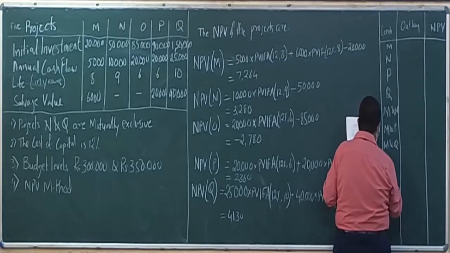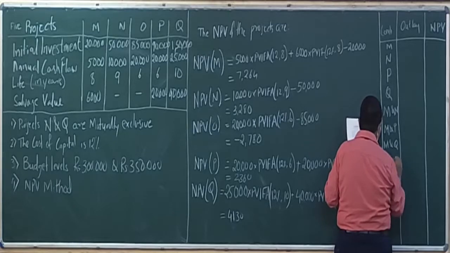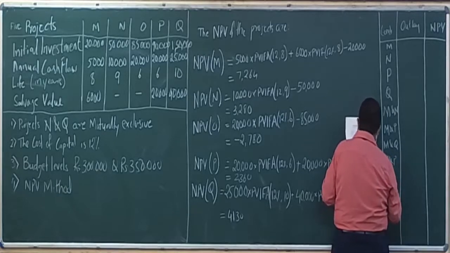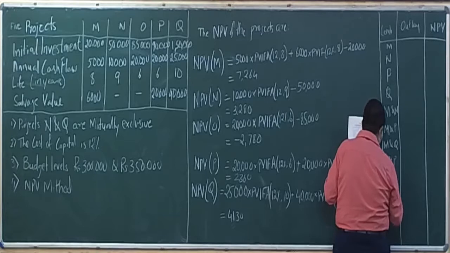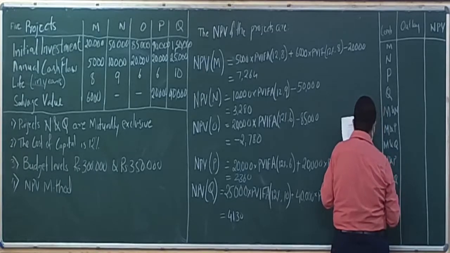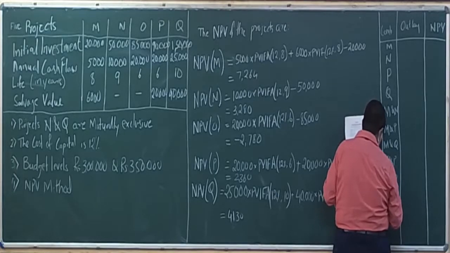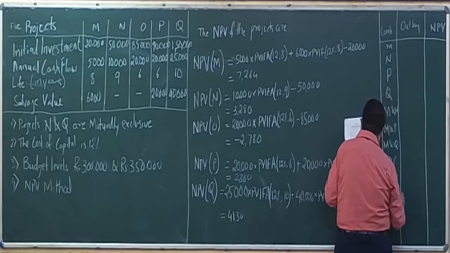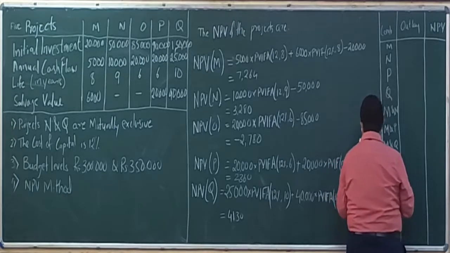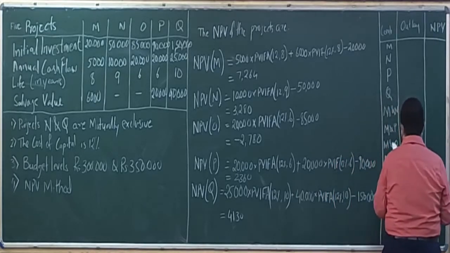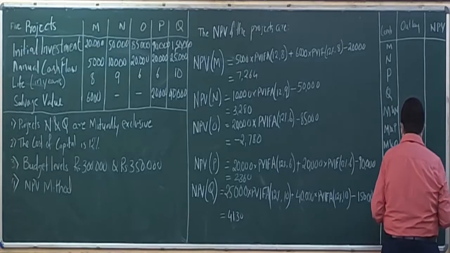Next I am going to have N and P as the combination. Next I will be having P and Q as the combination. Next I will be having M, N and P as the combination. So these are some of the combinations that are available to us.